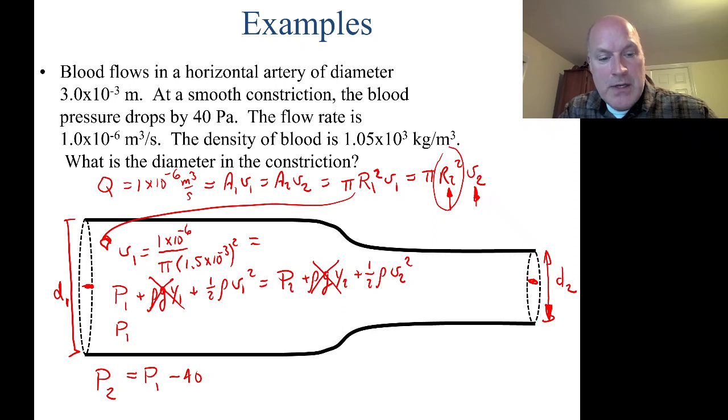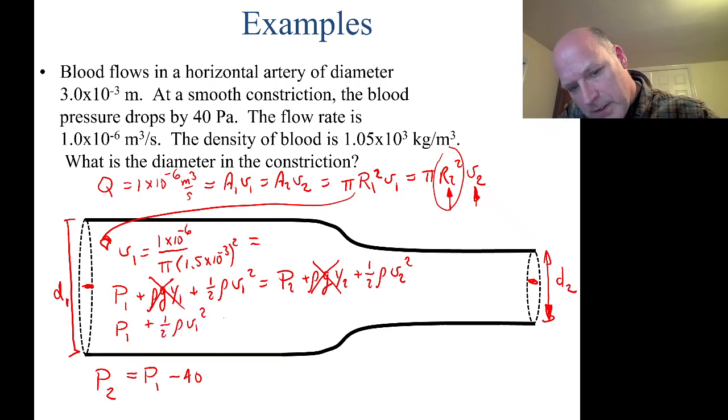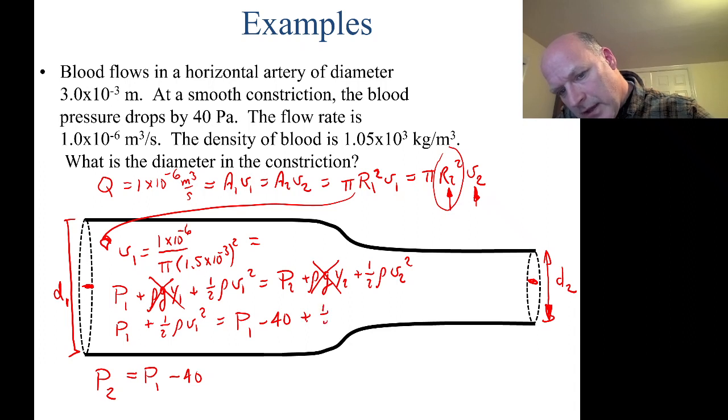Good. Now then there's the pressure, and we can write this down. Pressure 1 plus 1/2 rho v1 squared is equal to pressure 1 minus 40 plus 1/2 rho v2 squared. So now we can cancel the pressures.